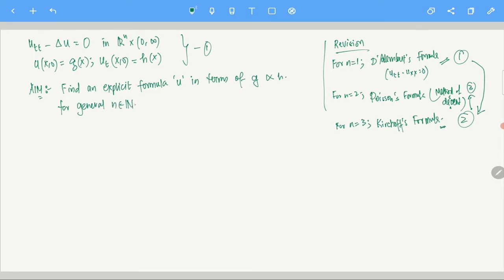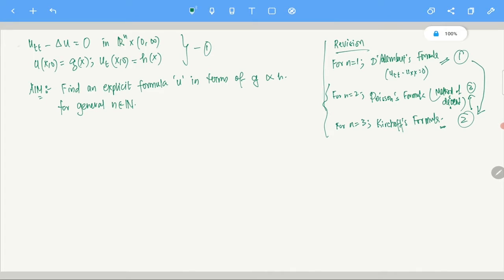Now the idea is this. We are going to use the same sort of idea as with the Kirchhoff's and Poisson formulas, just in the context of a general n. The formulas are going to get a little more complicated, but the ideas hold in the exact same way.